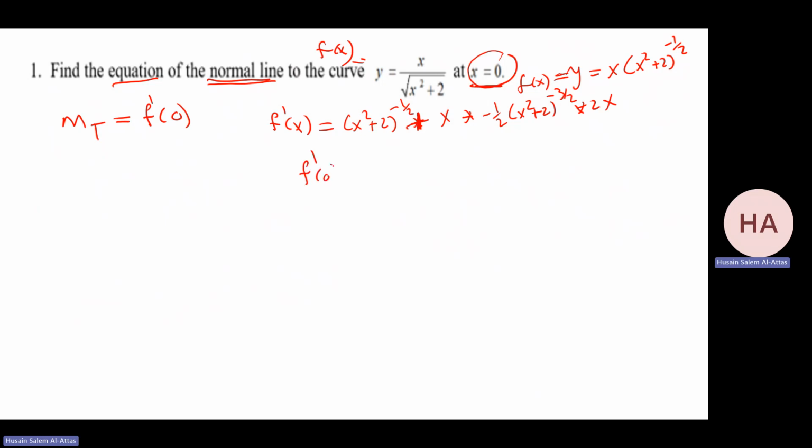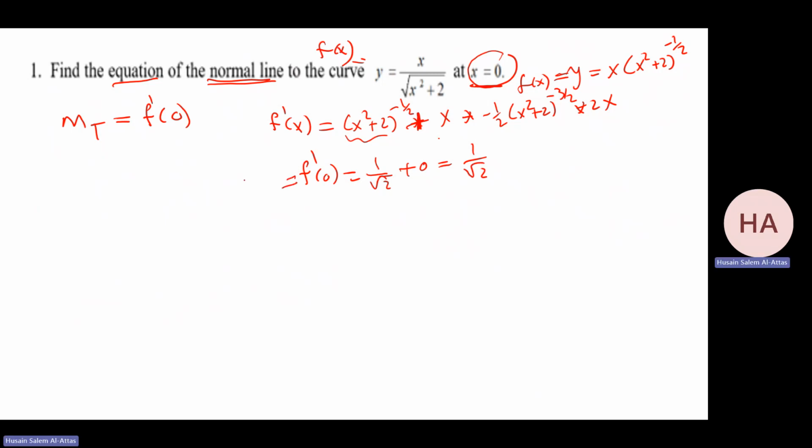Now f prime at 0 will be what? Here is 0 plus 2 to the power minus half, which is 1/√2. And here I have 0 plus 0. So it's 1/√2.